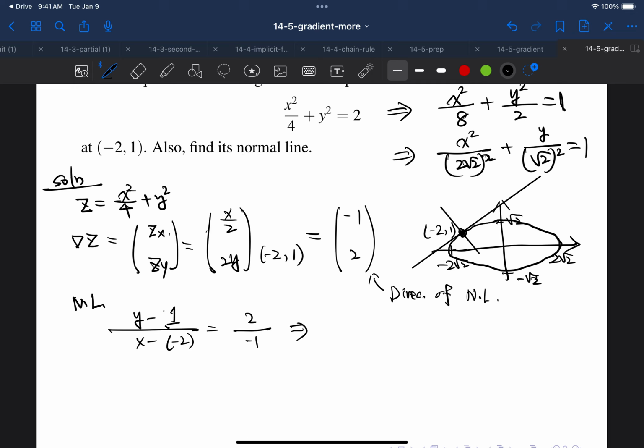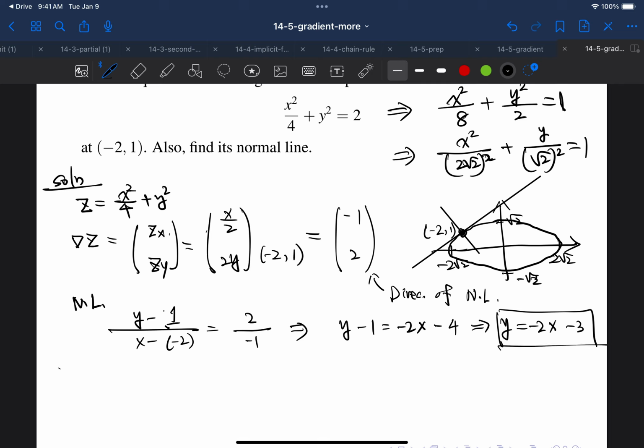And we rearrange that, then this is y minus 1 equals -2x minus 4. And that simplifies to y equals -2x minus 3. So this is the normal line.